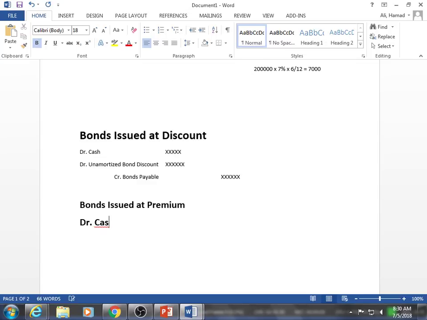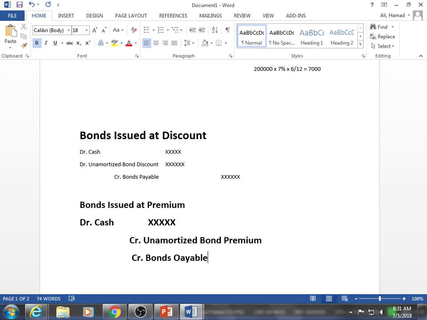Of course the cash is now going to be larger than the face value, and we're going to credit unamortized bond premium, and we're also going to credit bonds payable.